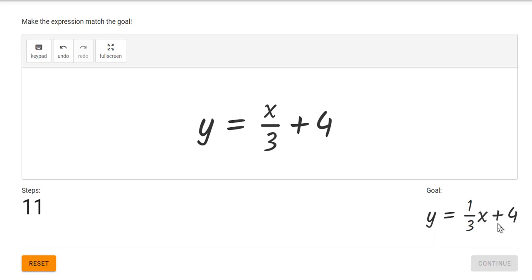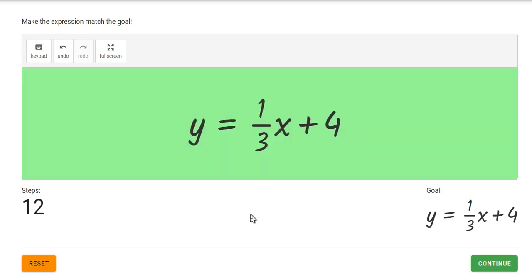But it's still not close to this, right? It's still not 100%. I'll know it's 100% when the screen turns green. So I'm going to take the x and move it to the side. There we go. And so I have 1/3 x plus 4. Yes.